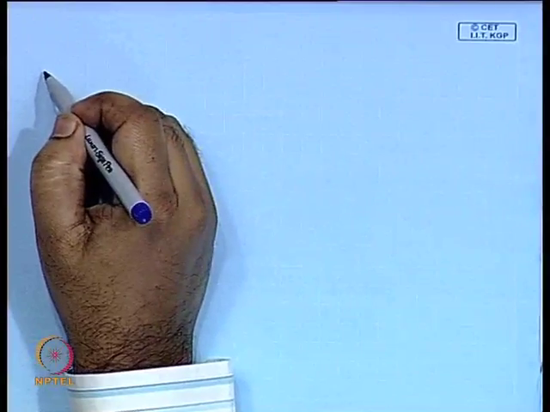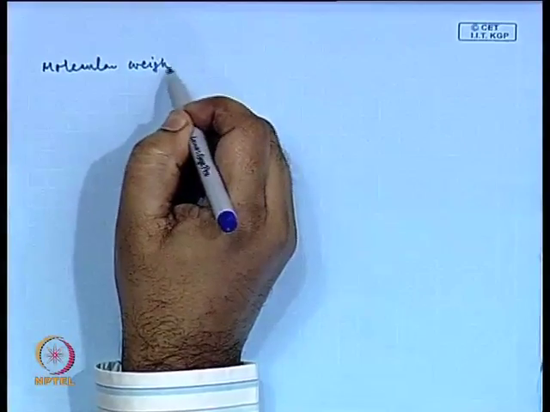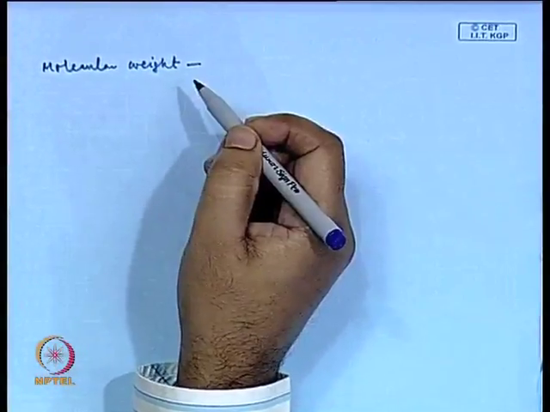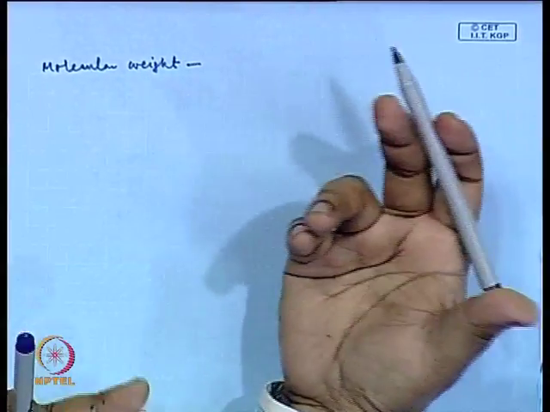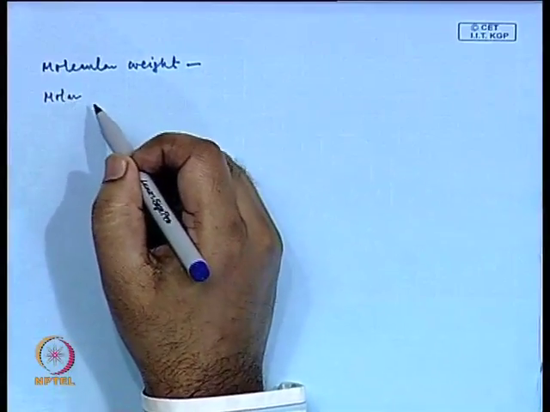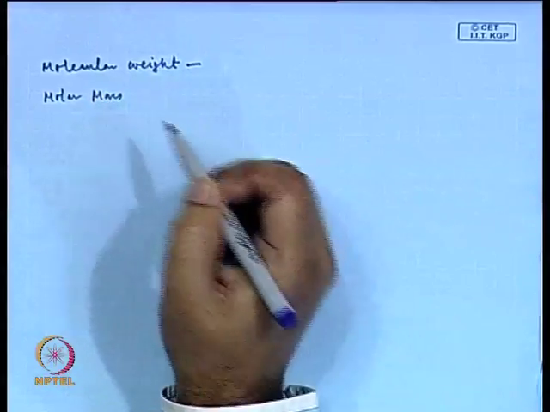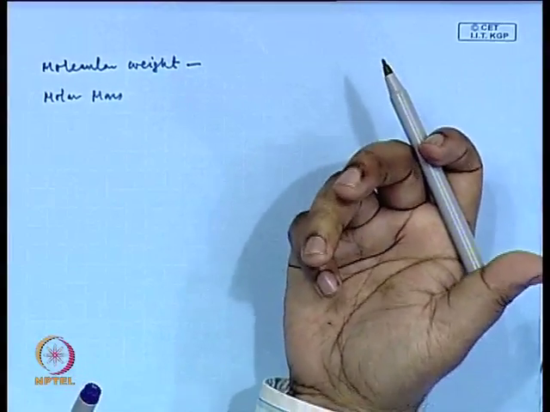So, after this nomenclature, we will move to one of the important aspects of polymers, molecular weight. Now, molecular weight is a relative term, that means it is the weight of a molecule divided by the weight of isotope C12. Sometimes, more correctly, it is mentioned as molar mass, which is basically the mass of 1 mole of that molecule.